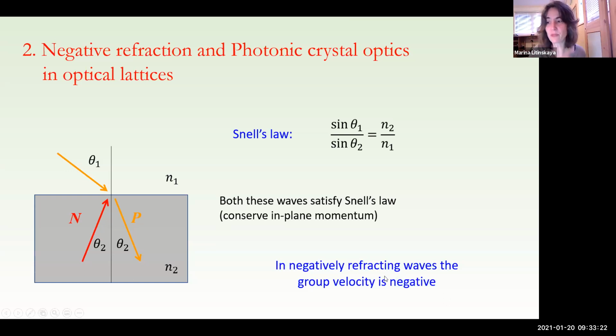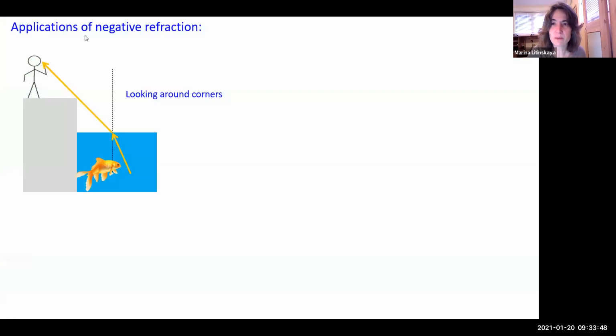So if you have a wave with negative group velocity, or with the decreasing slope of the dispersion curve, then in fact you should pick this solution and not this one, because it will be the solution which satisfies the boundary condition. And this is what is called negative refraction. Incident light, refracted light.